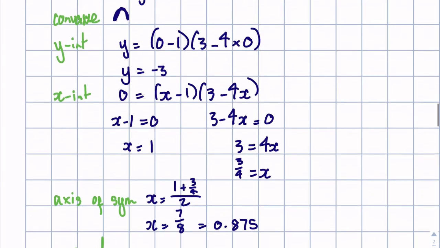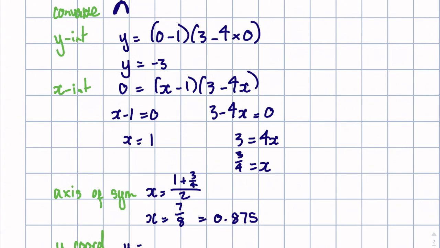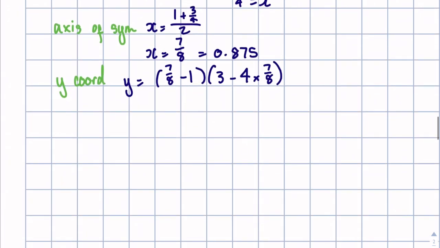Sub in that value of x, so I've got y equals 7/8 minus 1, 3 take 4 times 7/8. You have a calculator, it should be fairly simple for you. This is going to give me negative 1/8 times 3 take 4 times 7/8 is 7 on 2.